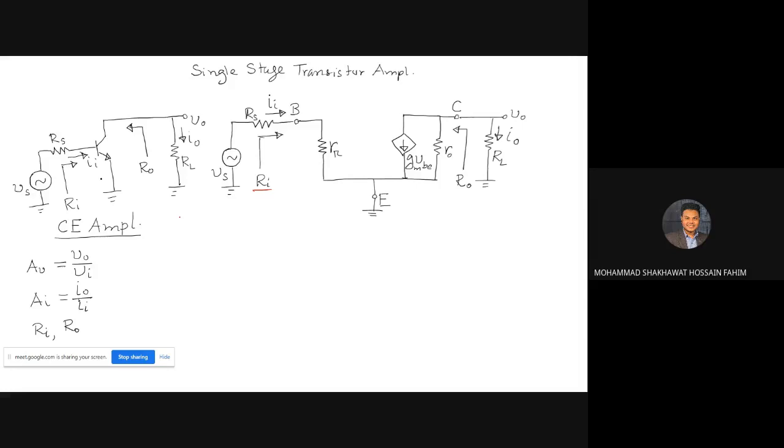Sir, I'm confused. Should we consider Rs or not? What is Ri? Sir, the input resistance. Input resistance of what? Input resistance of the transistor. Input resistance of the transistor? Oh, sorry, sir. Input resistance from the base emitter side, we can see.